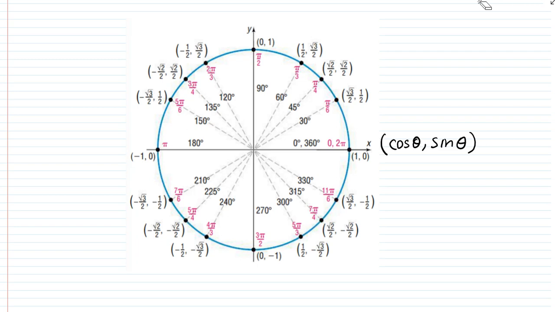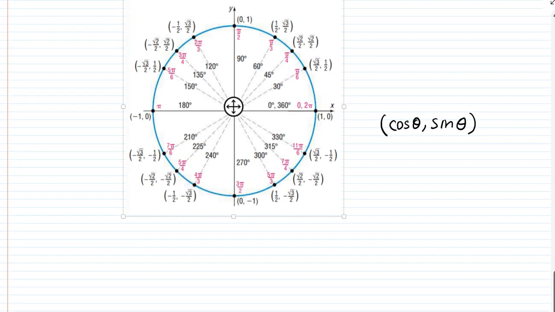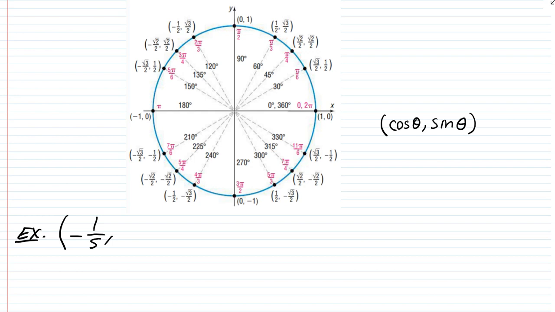So now I'm just going to spend our time trying to work some examples here. Okay, so let's say in the example I'm making up, suppose the coordinates of a point are -1/5 and 2√6/5.